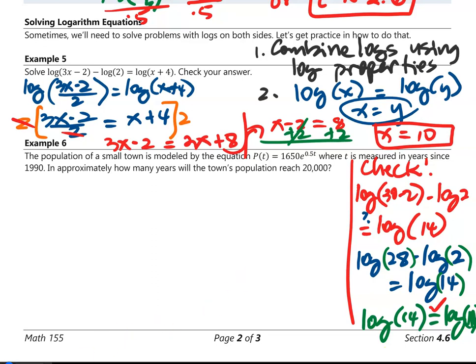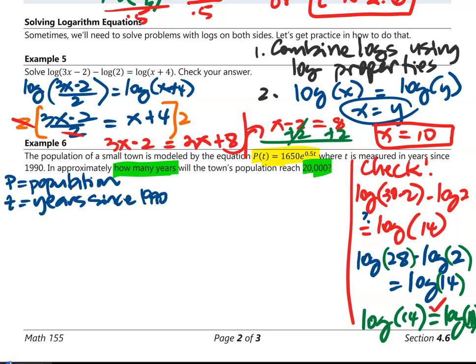Okay, next example. The population of a small town is modeled by the equation P of t equals 1650 e to the power of 0.5 t, where t is measured in years since 1990. In approximately how many years will the town's population reach 20,000?